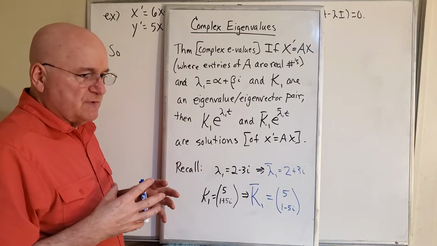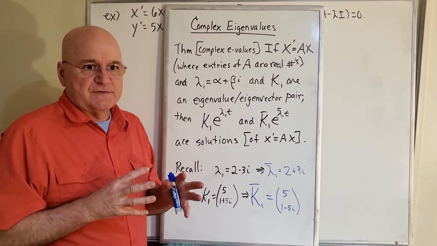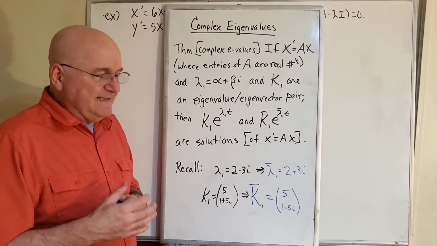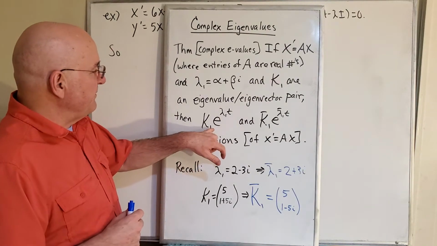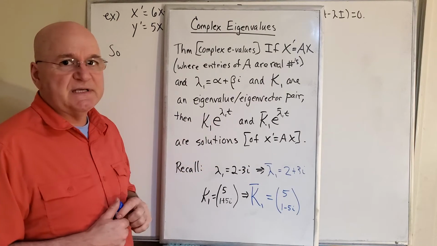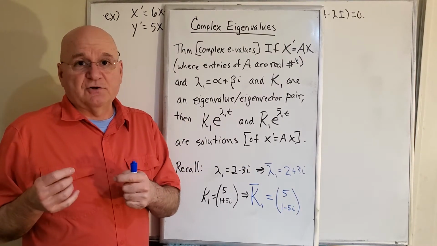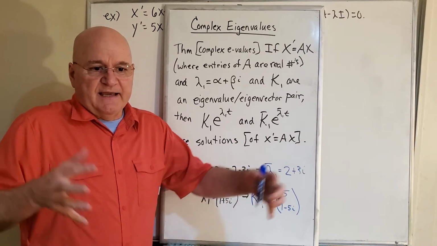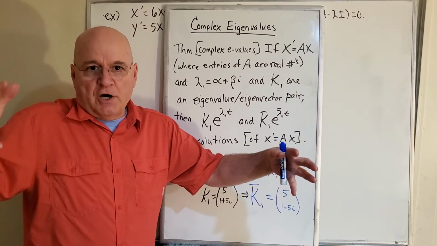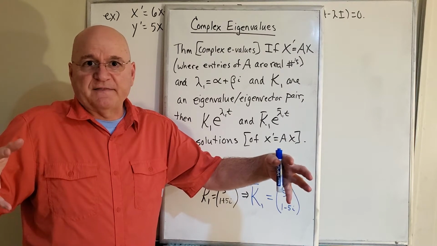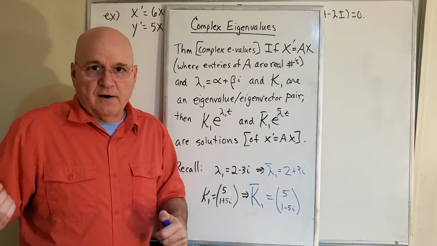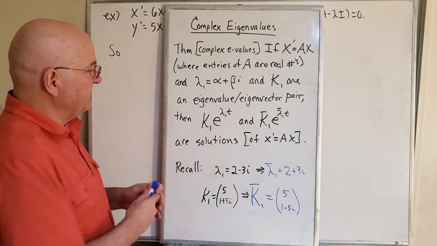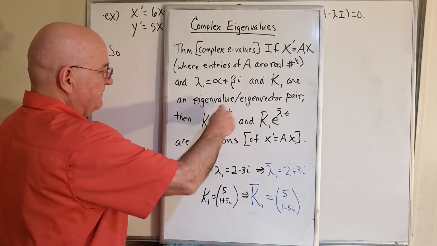We would like to use real-valued functions and then just have the constants be complex numbers. It turns things like e to the lambda 1 t into things that look like sine and cosine, and the constant multipliers in front of that, the C1 or the C2, would be complex numbers. We're not going to take that extra step. So our solution is going to look something like summing up two things like this.